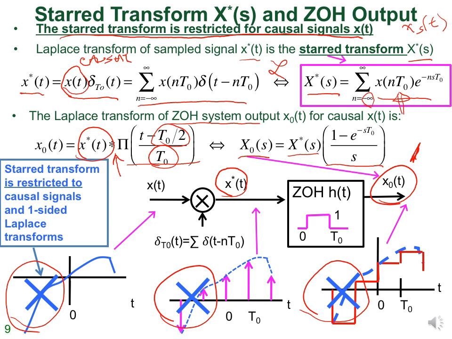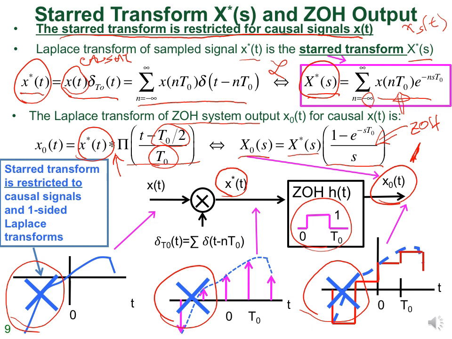So this is just the Laplace transform for the zero order hold, or the rectangular pulse that we have shown below. And so it's straightforward to find the starred transform of the sampled signal, which we denoted as x star of t. And finally, the output of the zero order hold just follows from the normal properties of the Laplace transform.